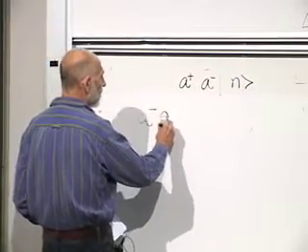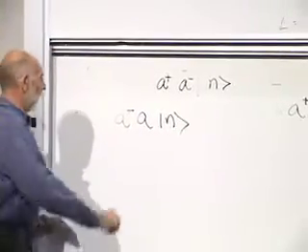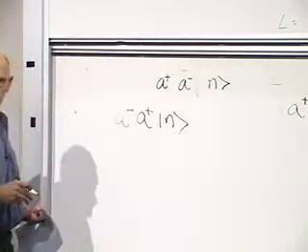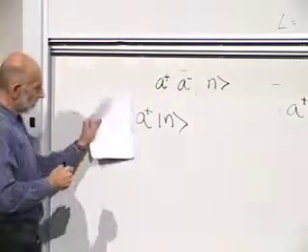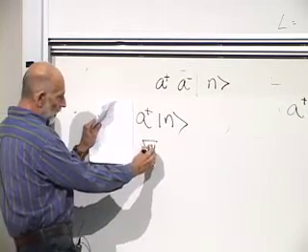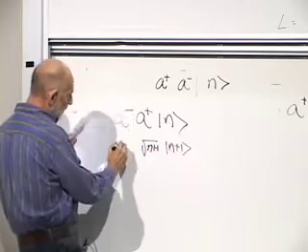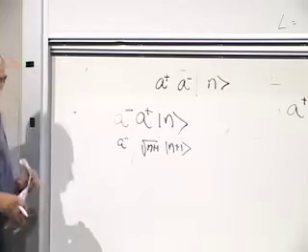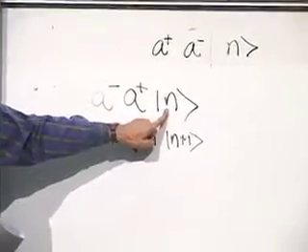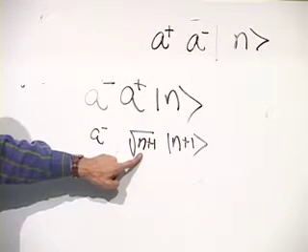A minus times a plus on n. What does that give? Did I do that right? A minus times a plus, the opposite order. So what does a plus give? This gives square root of n plus 1 times n plus 1, right? And now let's multiply that by a minus. A minus will bring you back down to n, but it will give you another factor of square root of n plus 1.